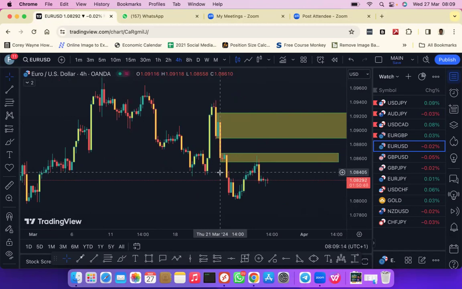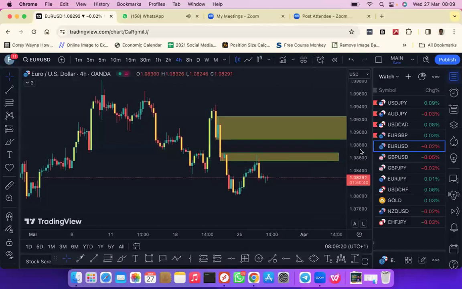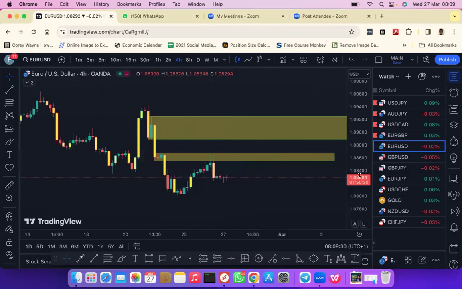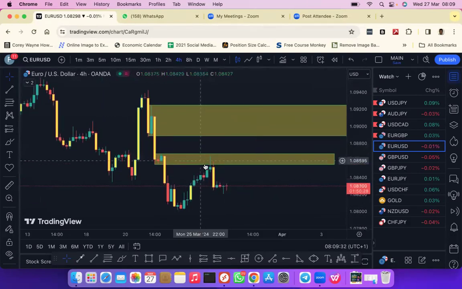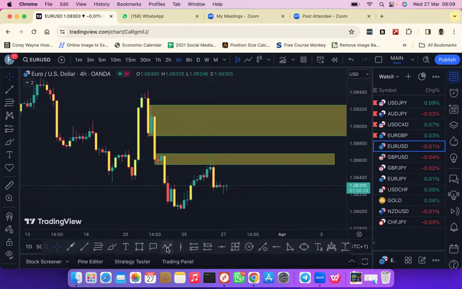We're able to discover that EURUSD is in a downtrend. It's currently bearish, and in a bearish market, we are looking at supply zones to sell from. On Sunday we highlighted these zones, and as you can see, price is currently respecting these zones, and it's currently selling.